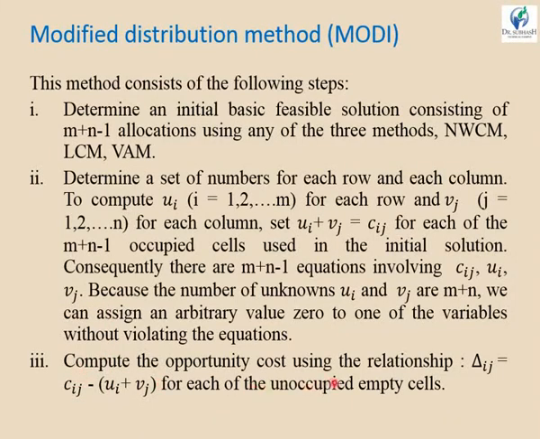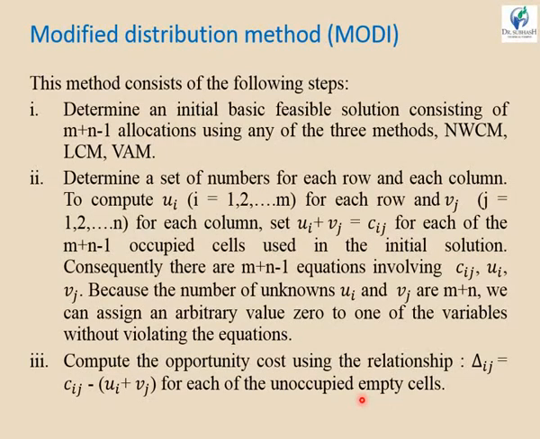compute the opportunity cost using the relationship delta ij is equal to cij minus in bracket ui plus vj for each of the unoccupied cells. What is an unoccupied cell? Occupied cells are those cells in which you have done the assignment and allocated some value.